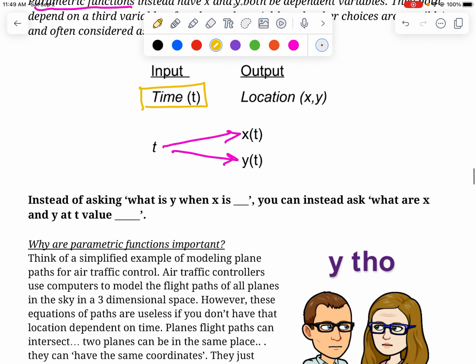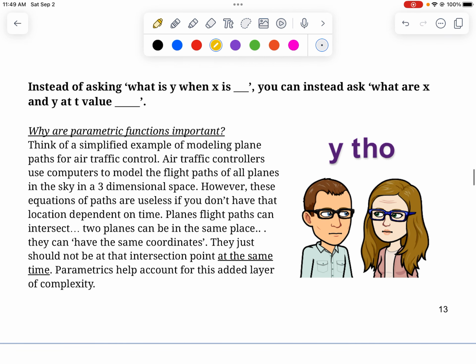My wonderful colleague, Mr. Covey, wrote this wonderful explanation down here and talked about why it matters that we might want to have a third variable. If you're thinking about airplanes, air traffic controllers are those who make sure that airplanes don't crash into each other. It would be totally fine to have a flight plan of one plane that goes somewhere and a flight plan of another plane, and both planes maybe cross some point in three-dimensional space.